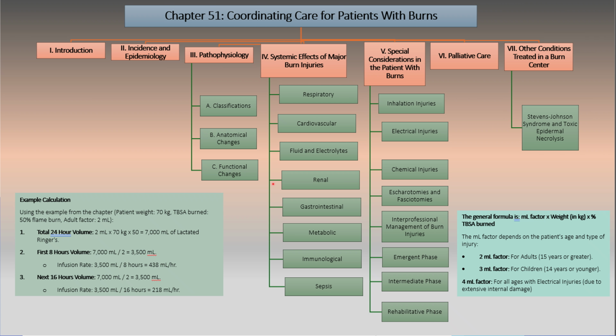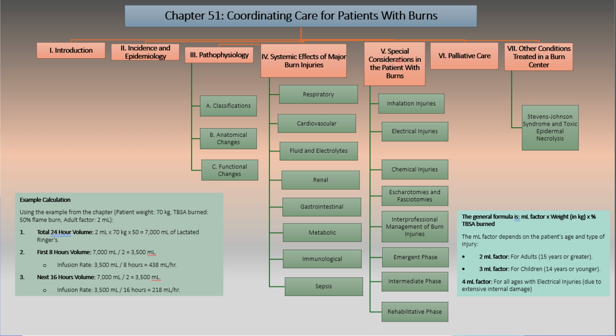Renal, it's decreased perfusion, myoglobinuria. Gastrointestinal is decreased motility, abdominal compartment syndrome. Metabolic, it's hypermetabolic state, increased caloric needs. Immunological, it's systemic inflammatory response syndrome, SIRS. Sepsis, leading cause of death after emergent phase.